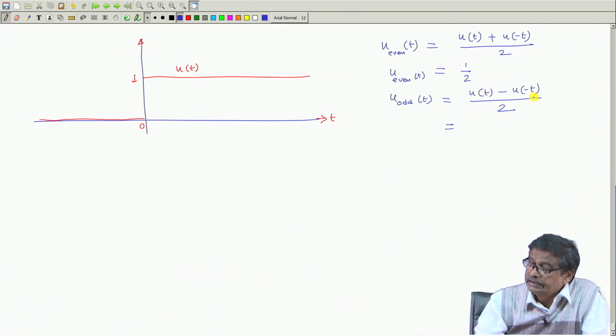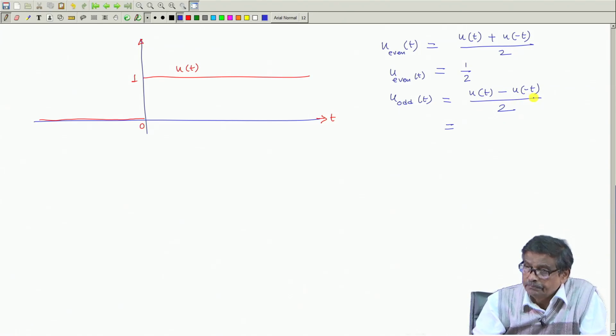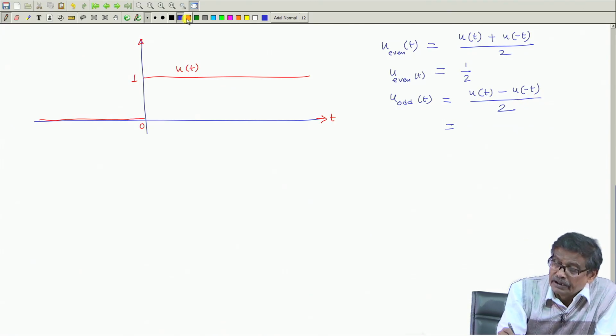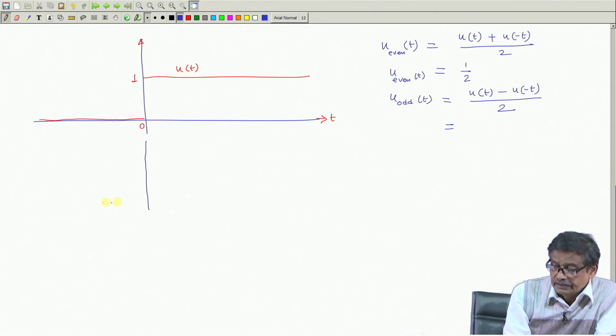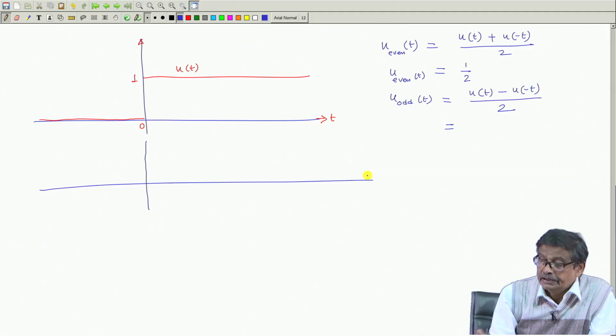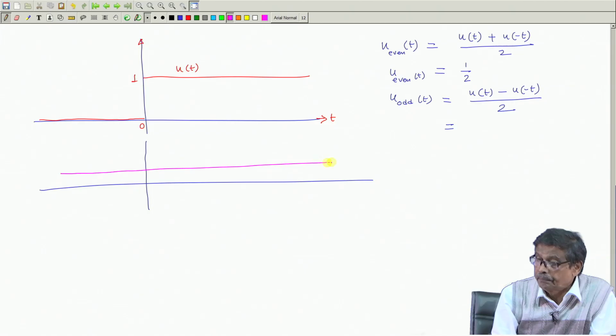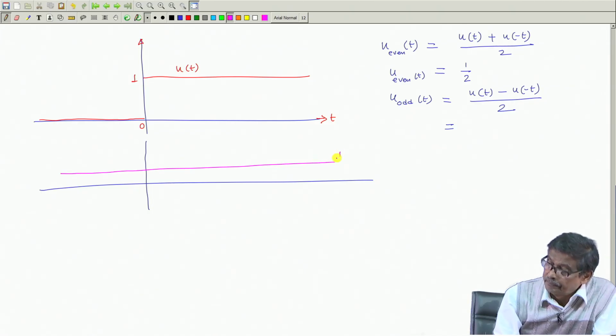For t greater than 0, it will be plus half, and for t less than 0, it will be minus half. In other words, visually it is more attractive: the even portion is half for all time t.